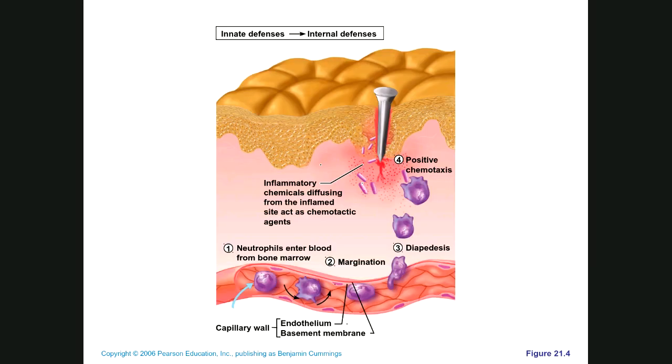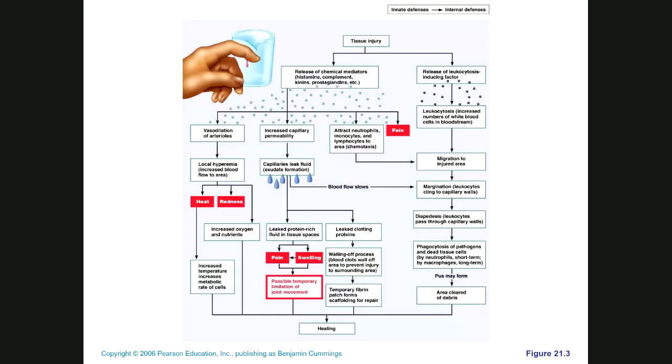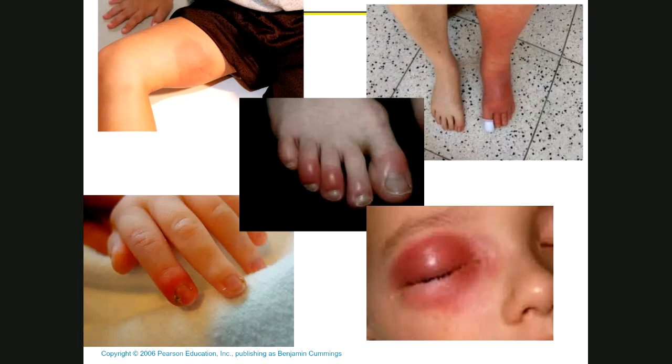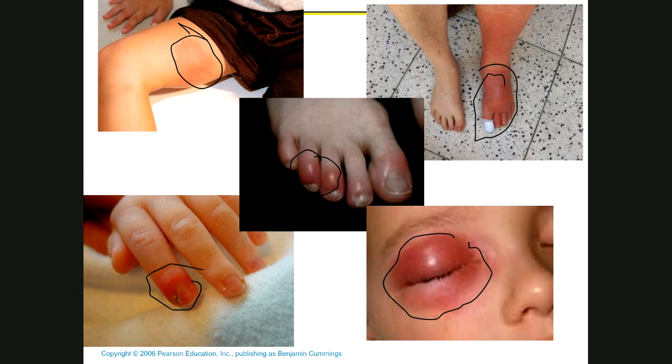But it happens whether there's bacteria or not. It doesn't have to be bacteria. It could just be something like a sprain. So look, every single one of these is something different. I don't know what happened with these people, but something is different here with every single one of them. But what is the same is inflammation. And if you look, you can see those 4 cardinal signs, or at least you can imagine them for sure.